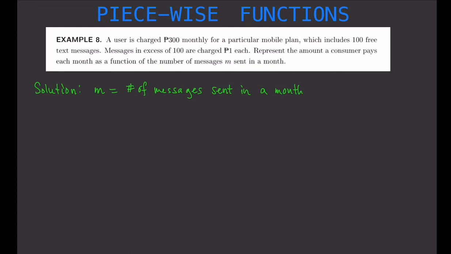Observe that the charge is 300, and it includes 100 free text messages. So if we find a function that depends on the number of messages, let's call it function f. So function f depends on m, the number of messages sent in a month.